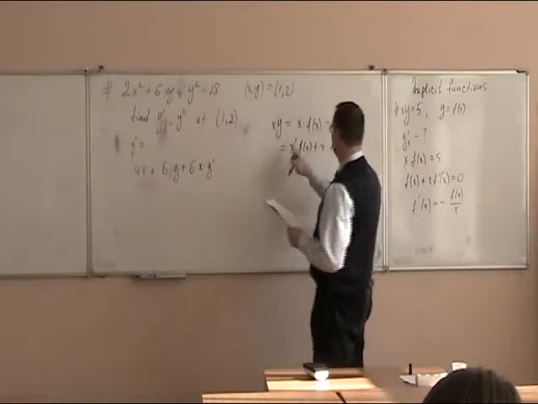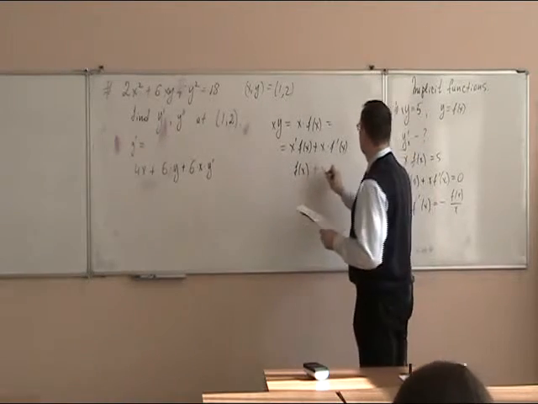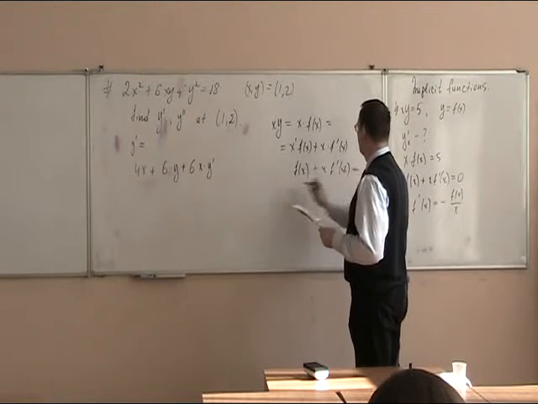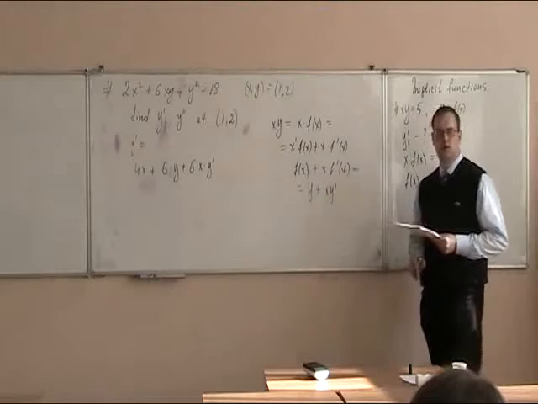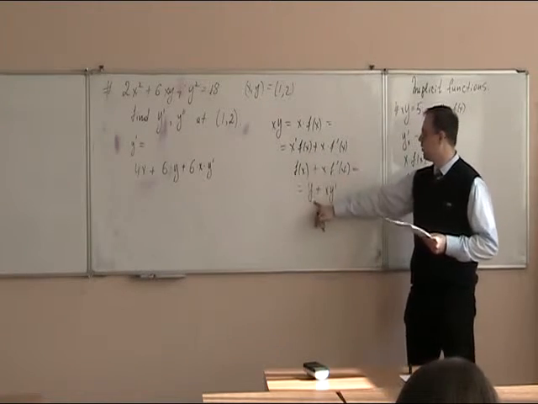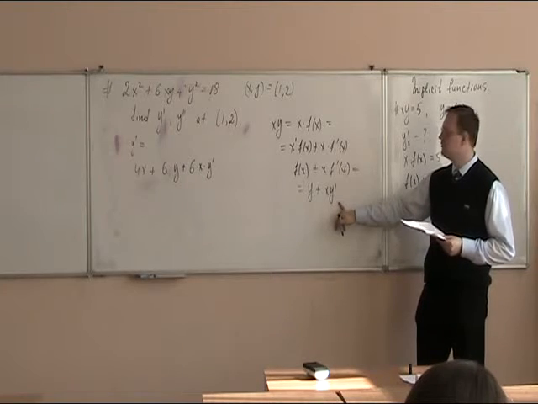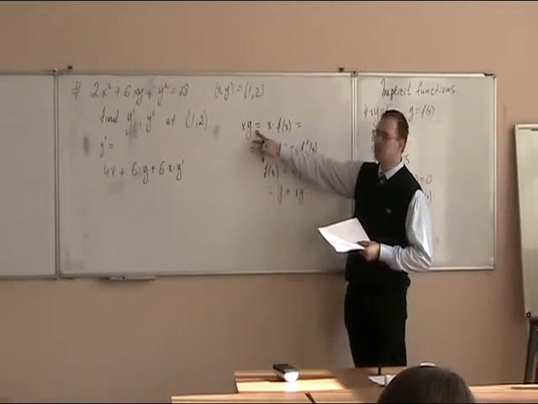So x prime is just 1, so we have f of x plus x f prime of x, or basically y plus xy prime. So when we differentiate this one with respect to x, we get y plus xy prime, because y is the function of x itself.